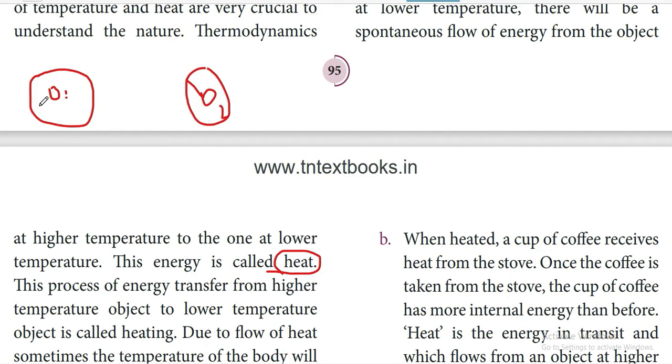Say the temperature of object 1 is 120 degree Celsius, and the temperature of object 2 is 30 degree Celsius.